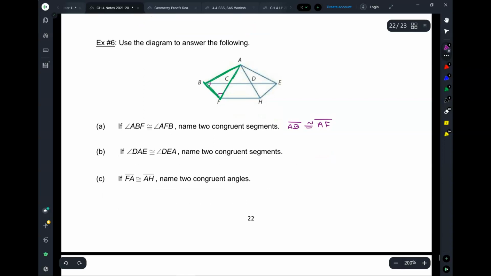Okay, for the next one, I erased this and need to start again. Angle DAE is congruent to angle DEA. Do you see that? So the triangle there is this one.